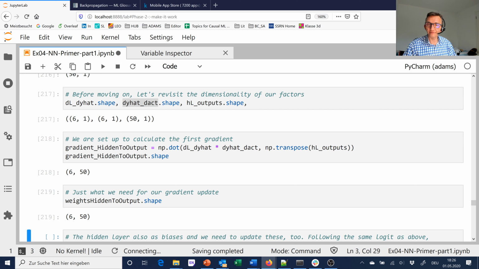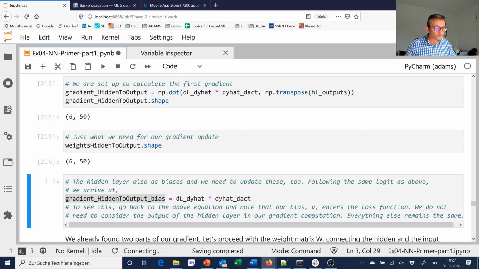That's also 6 by 50 and has to be. Therefore, we will later on be able to calculate a nice gradient update, since our partial derivative and the original weights just match, and they must match. So basically, I'm just highlighting that when we code that manually in Python, we need to make sure that we calculate the product the right way.